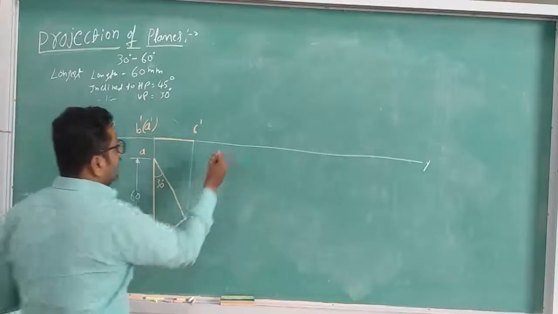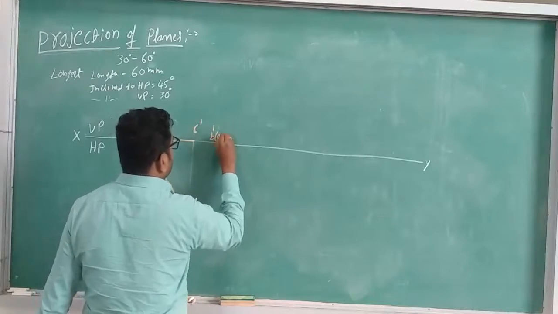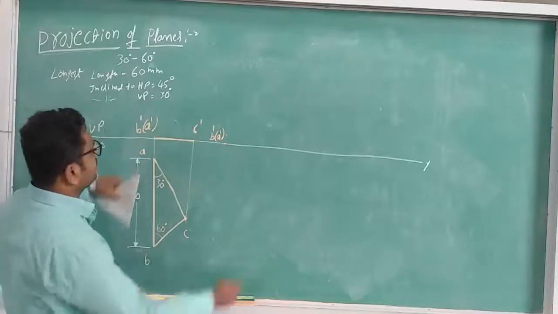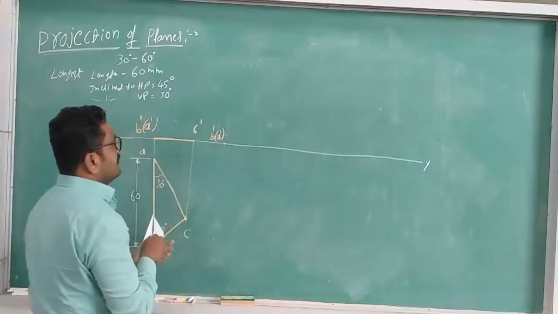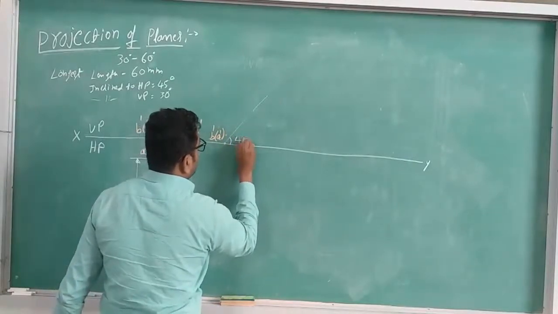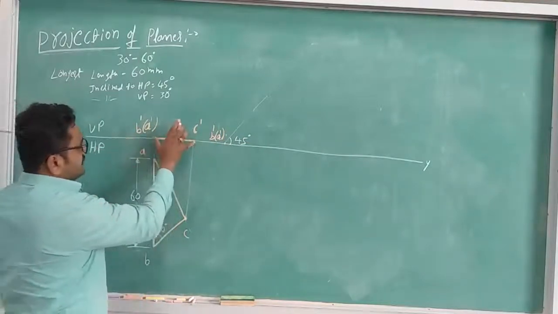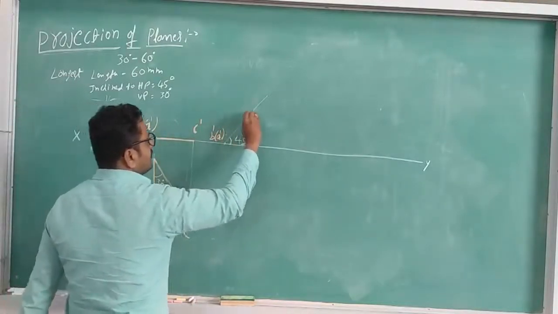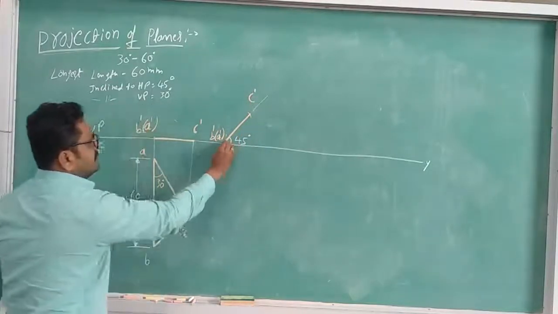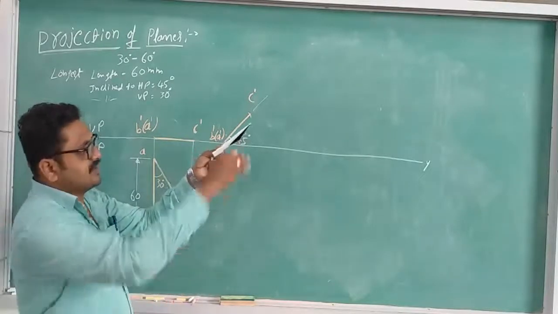So first we mark the resting point, that is B dash of A dash, on the XY line, then measure 45 degree, put a dot, and draw a 45 degree line through it. Then measure B dash to A dash, take B dash as center and draw the arc. We will get C dash, and then join it. Now this set square is inclined to HP at 45 degree.